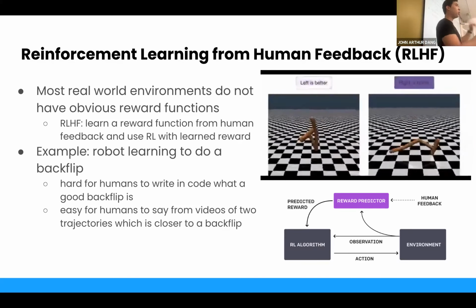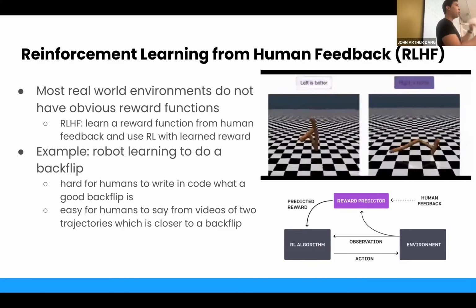As we all know, scale of data and parameter size typically increases performance pretty drastically for neural networks. But the fact that the 6 billion parameter model, with more than 10 times fewer parameters than the 175 billion parameter model, is better with reinforcement learning from human feedback is a pretty good testament to the efficacy of this particular method. So let's take a deeper look into the 3 steps that I talked about.